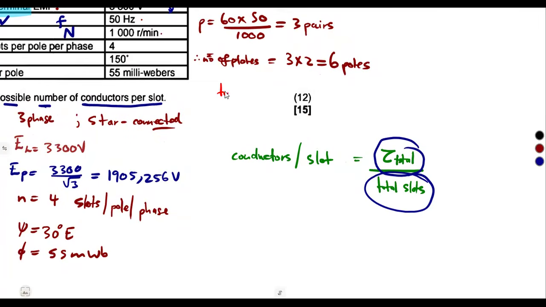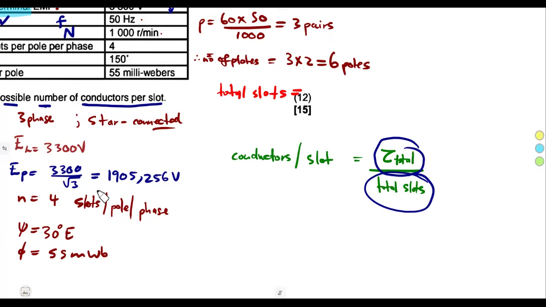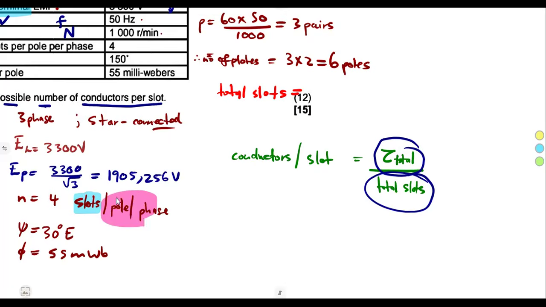There's a statement which consists of the slots here. It's there. Slots. This is what we need. But we must get rid of these per values, per pole, per phase.